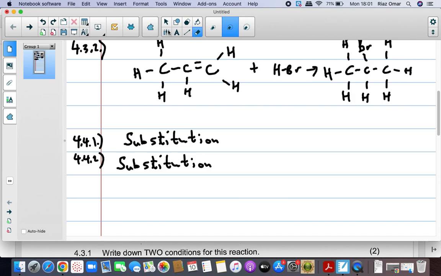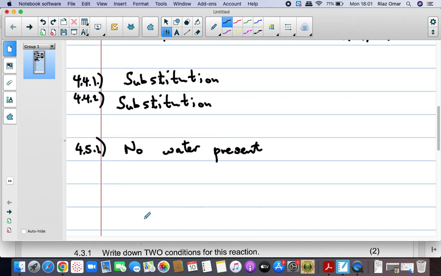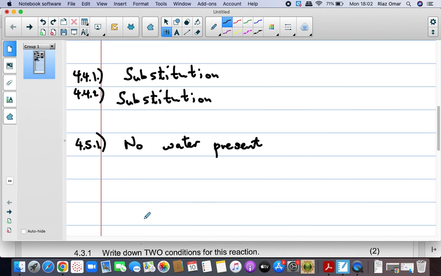4.5.1. No water present, and then we must say catalyst.